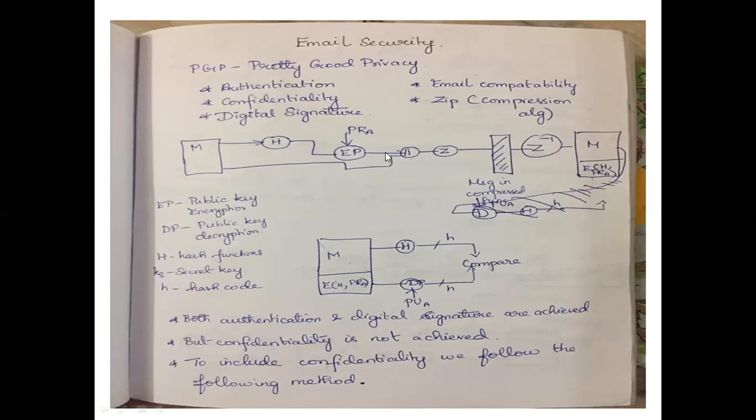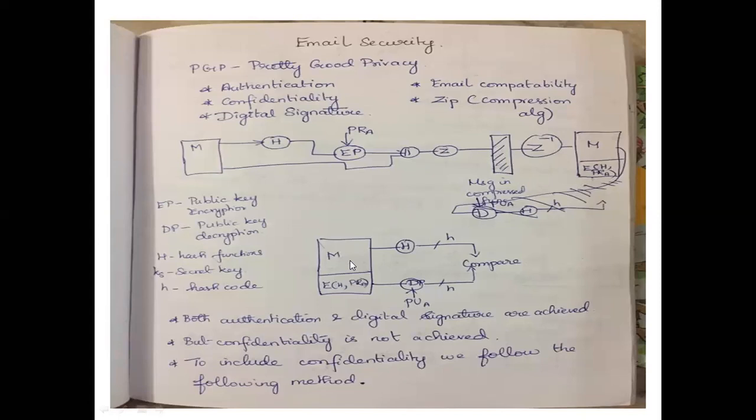Now the message and this are appended, and here you use the compression algorithm, which is called Z. You can use a compression algorithm, and this message is sent to the receiver. Now the receiver will first decompress it. See this part, because here I had no place, so I have drawn it down. After the decompression is done, you get the message and the encrypted hash code.